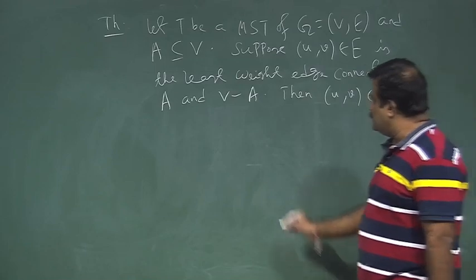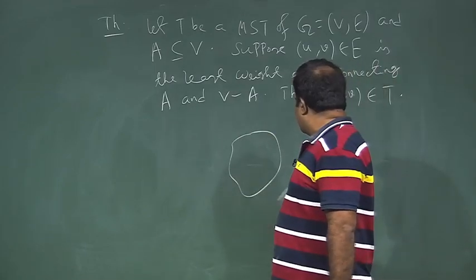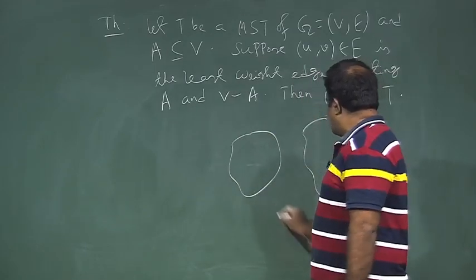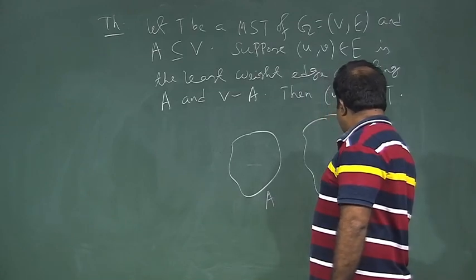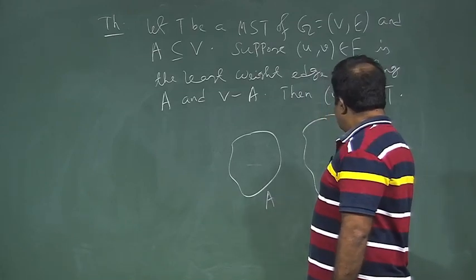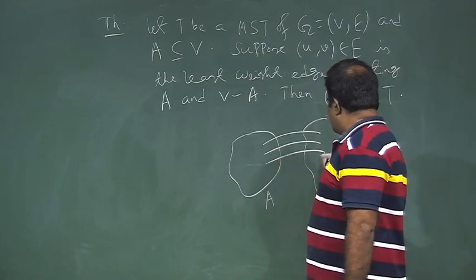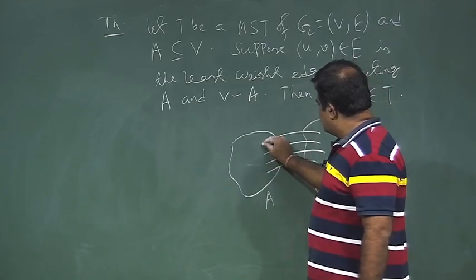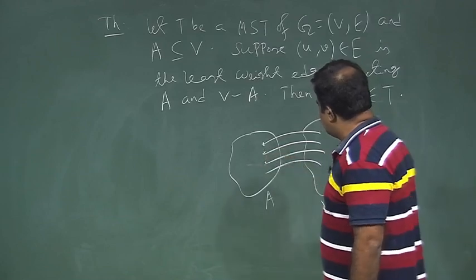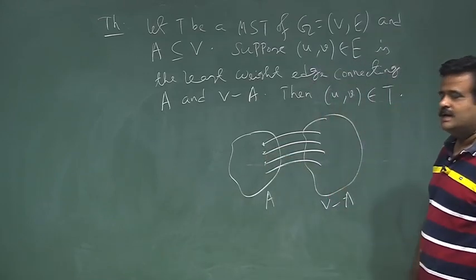So what is the meaning of this? Suppose we have a set A with some vertices, and this is V minus A, or A complement. Now there are some bridge edges. A bridge edge is an edge having one vertex in A and another vertex in A complement.